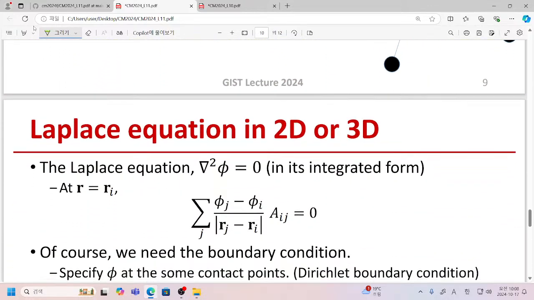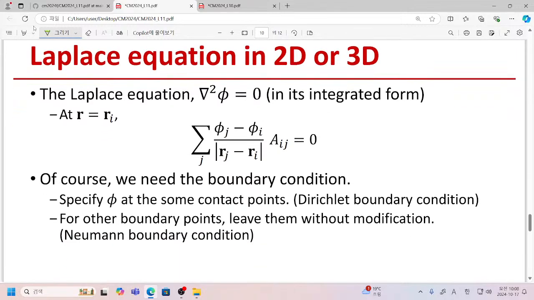Okay, so now we go to the Laplace equation in its integrated form. Why do we have an integrated form? Because we have already integrated our Laplacian operator over a small domain called omega i. So now we have this form. Although it looks quite complicated, all the difficulty is hidden in one place: the calculation of A sub ij.